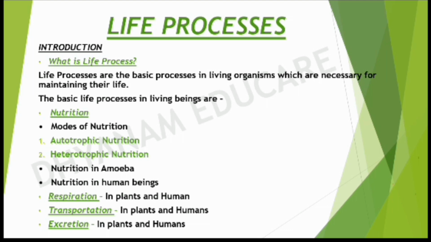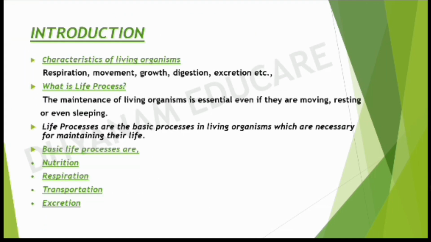As the name suggests, life process. Before going to discuss life processes, let us recall the difference between living and non-living things that you have already studied in your previous classes. What is meant by living things? What is meant by non-living things?